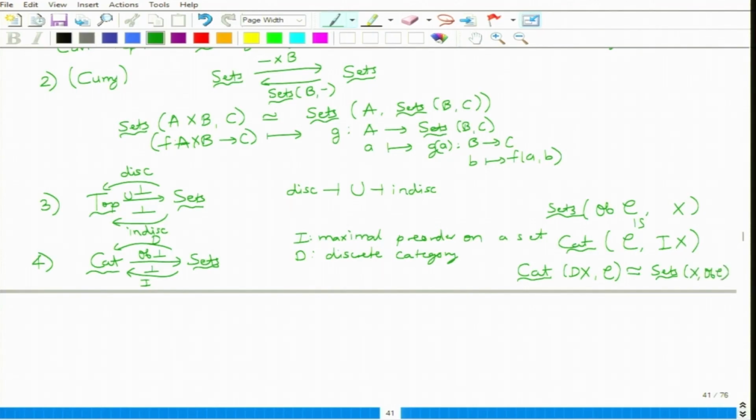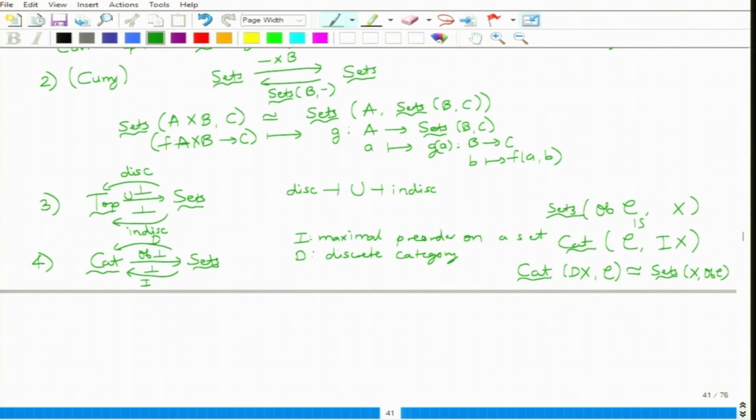A function from X to the objects. What is a functor from DX to C? Well, it's just an object-to-object assignment. You don't need to think about morphisms because identities always go to identities and identities are the only morphisms. So that's all you need to worry about. So this is indeed true.